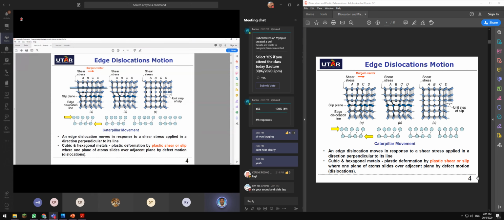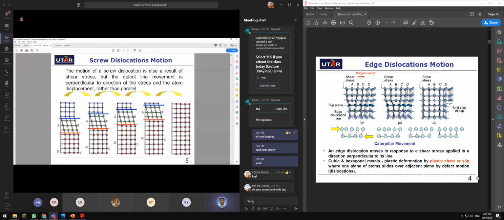For screw dislocation, when you apply stress in this direction, the movement of the defect line is different.